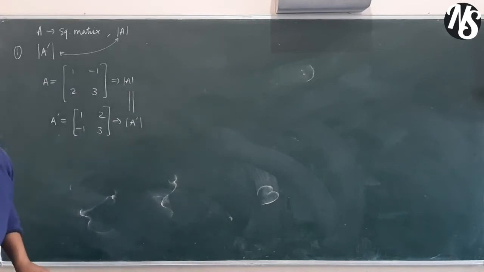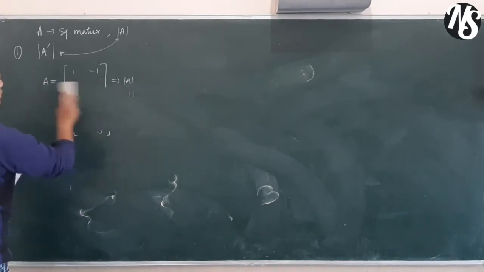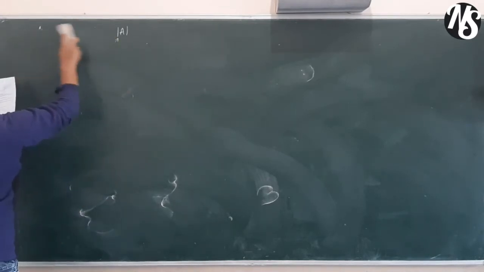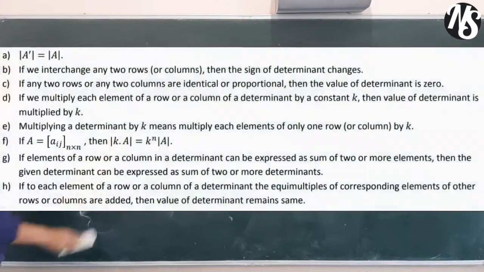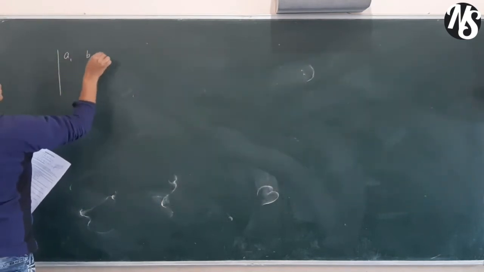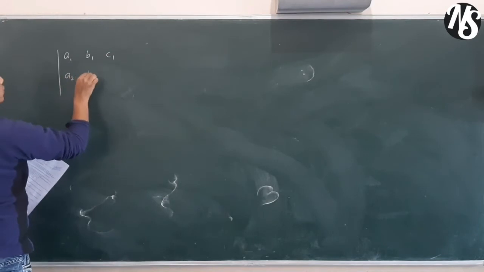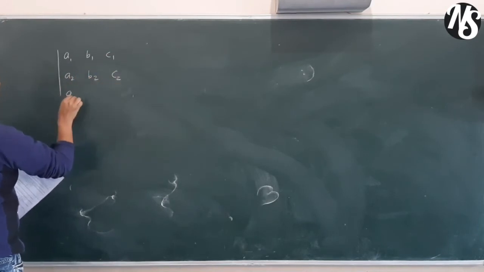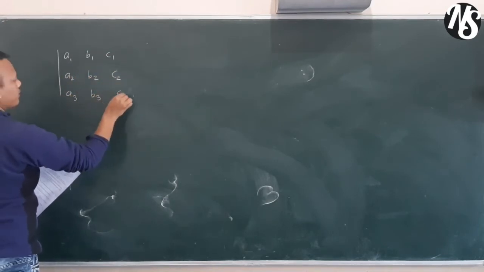Okay, so let's see the second property. The second property says if we interchange any two rows or columns, then the sign of the determinant changes. For example, let me take this determinant A1, B1, C1, A2, B2, C2, A3, B3, C3.